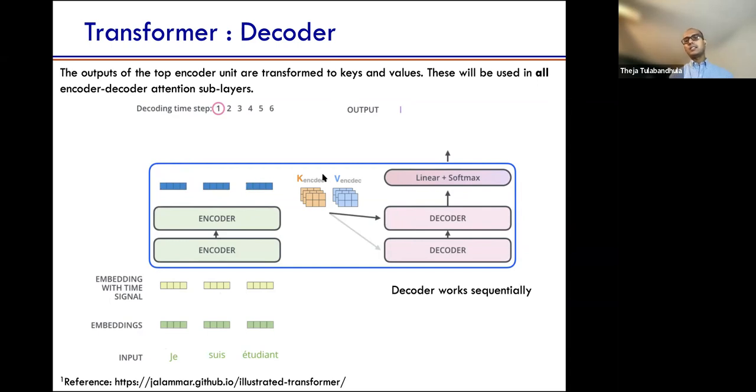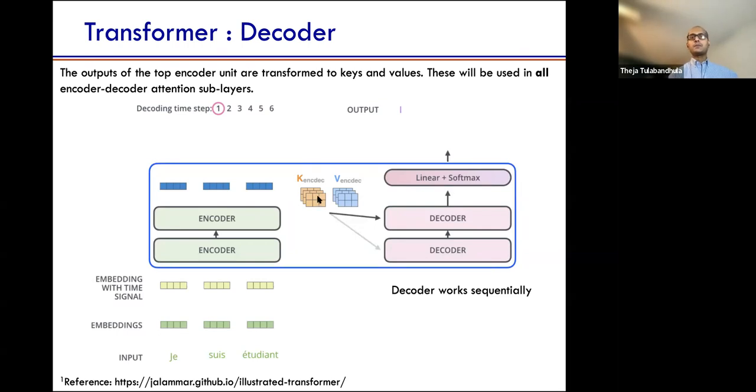From those 3, we get keys and values. Forget about the queries I said earlier. In fact, we can get multiple sets of them, but let's just focus on 1.